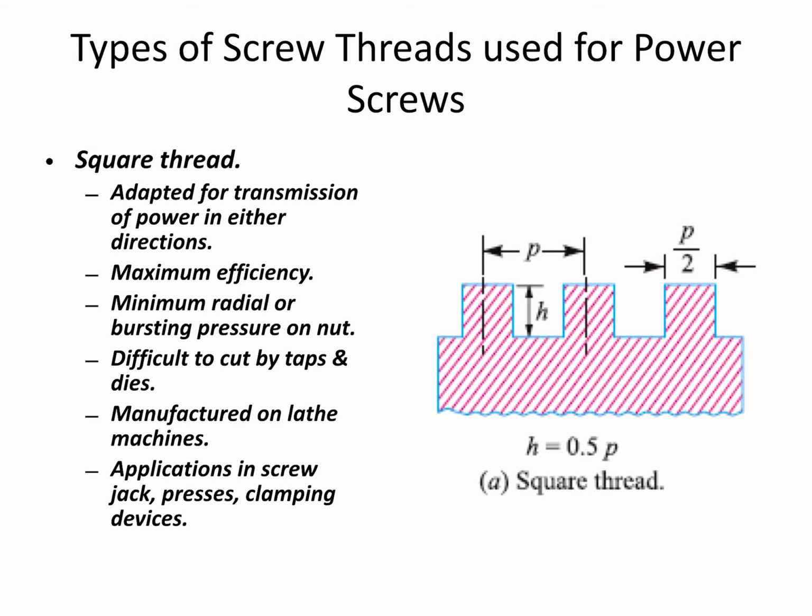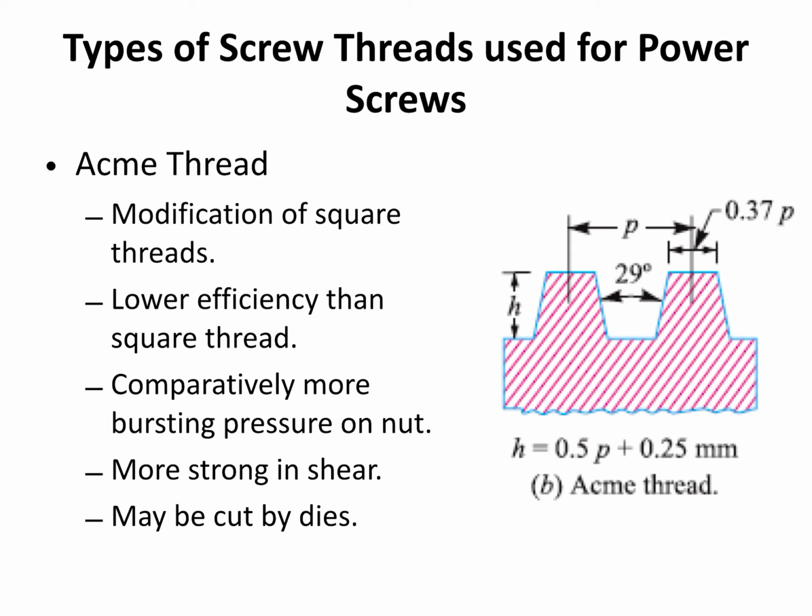Okay, so the next type of screw thread used in a power screw is the Acme thread. Now, the limitation of the square thread, that it is difficult to manufacture, is overcome in the Acme thread.